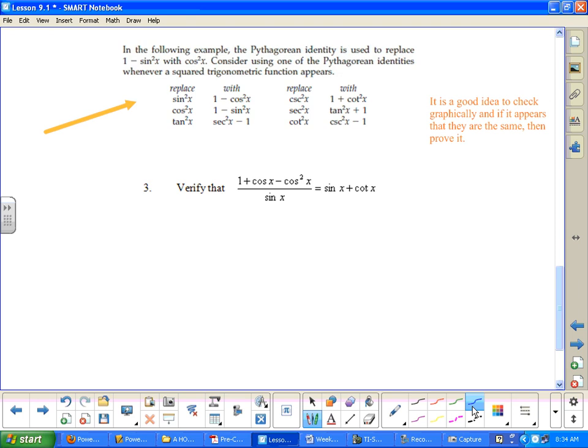Do you see any identities? The thing you're always going to look at is whether anything is squared. Whenever I have anything squared, I want to see if there's an identity I can use. So here I have a negative cosine squared. Is there an identity up here that we can use to simplify that?